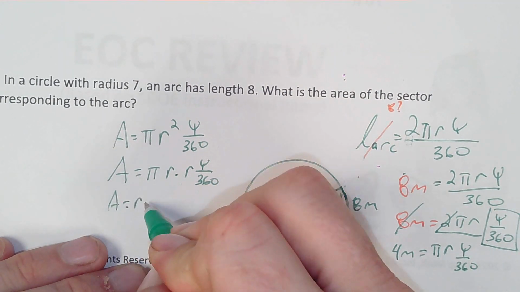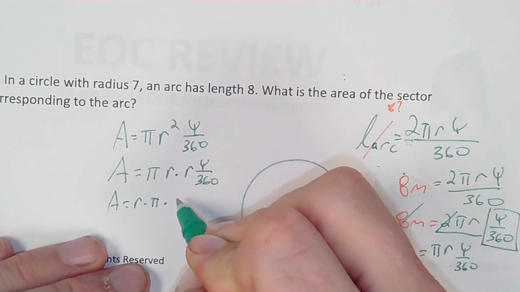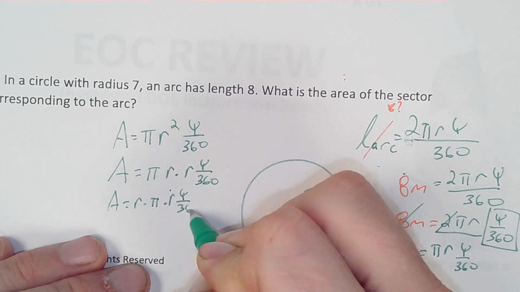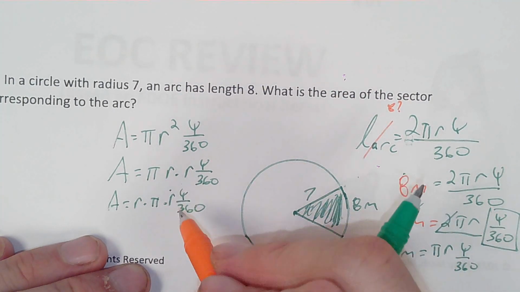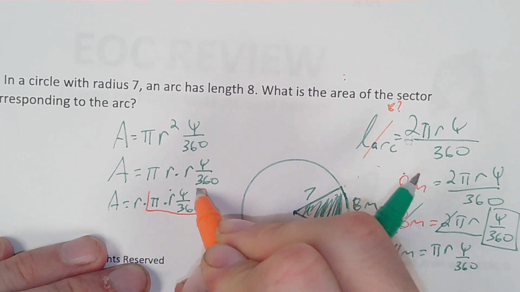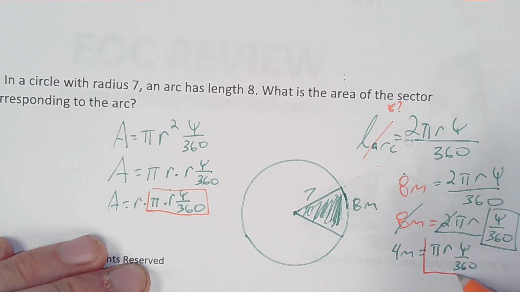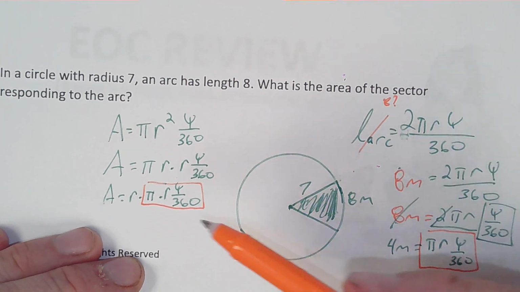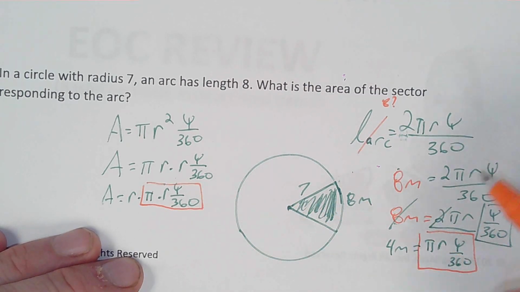Area equals r times pi times r times this. So this and this are the same. Oh man, ain't that some fancy math? All right, so I can substitute this for that, I think. Let's see what happens if I do that.